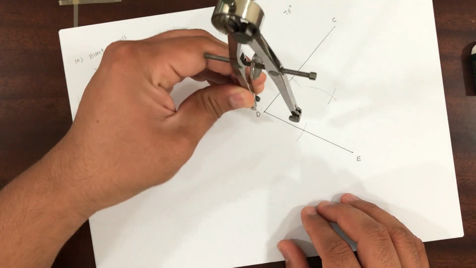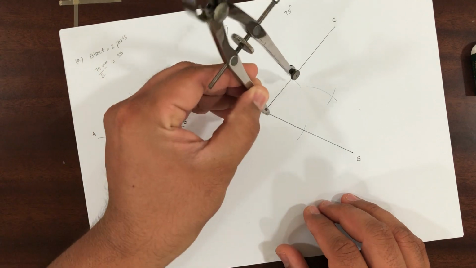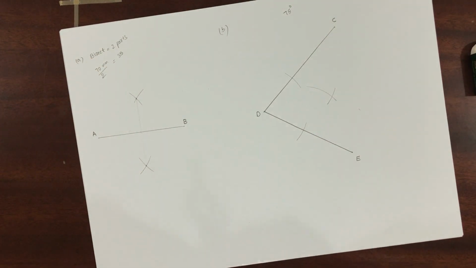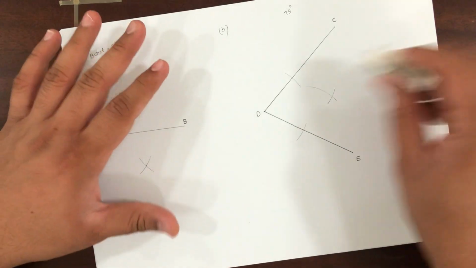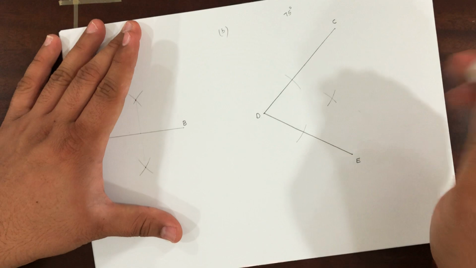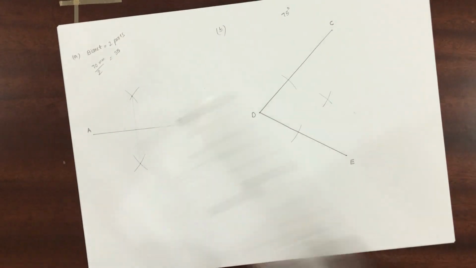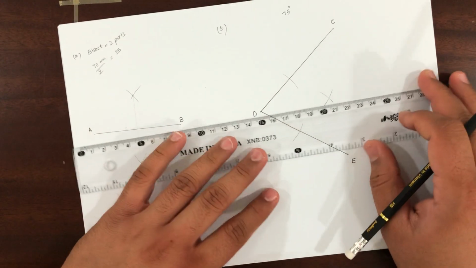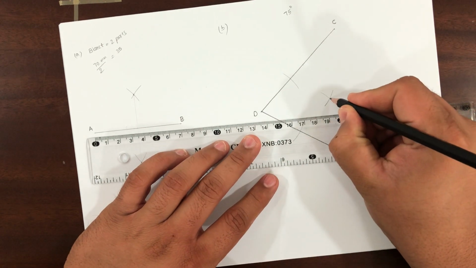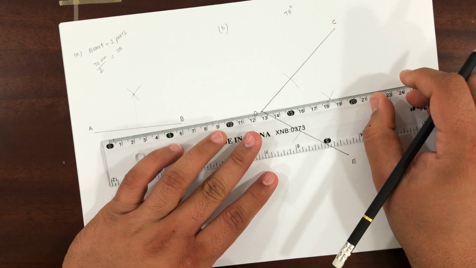So first keep it here, 1 arc, 2 arc, 3, 4. Okay, now remove the extra part, join it using the scale.